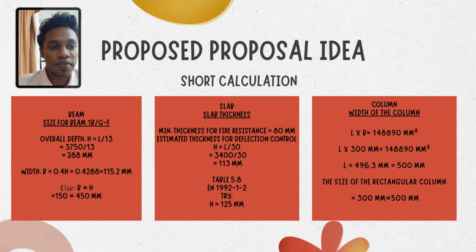Referring to Table 5.8 in the structural standard, we are proposing to use 125 mm for the slab thickness. Following up for the column, this is the calculation that we have conducted. The size of the rectangular column is 300 mm times 500 mm.